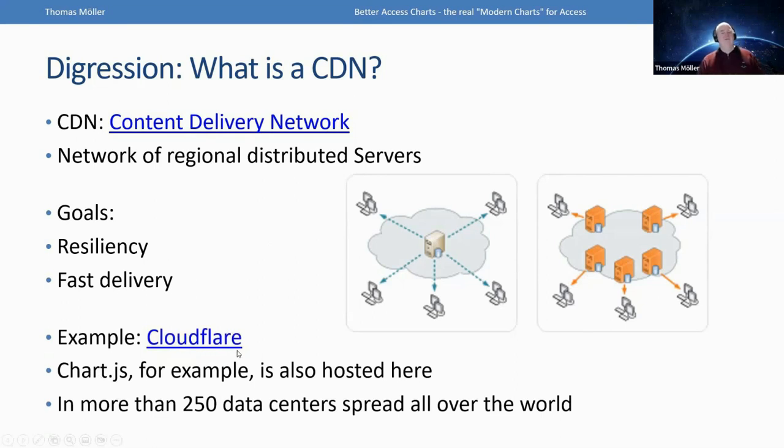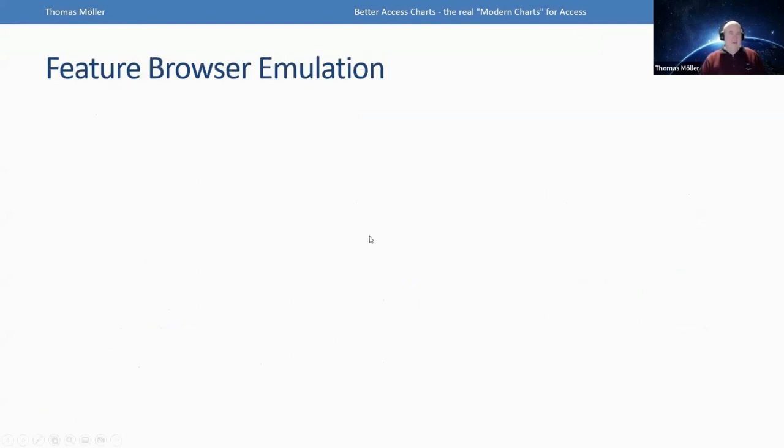I thought about Cloudflare because Chart.js, for example, is hosted there, and they have more than 250 data centers spread all over the world. So I'm really fine with this solution. I never save the Chart.js file on my local file system. I always use the CDN. And for me, that's really, really fine.